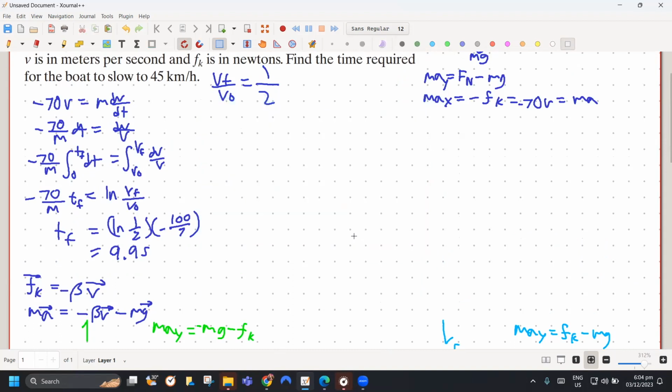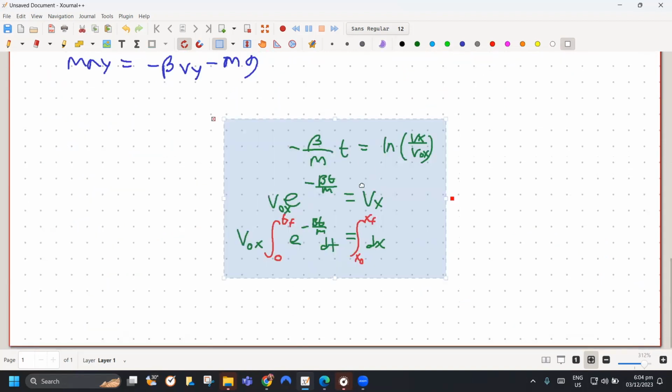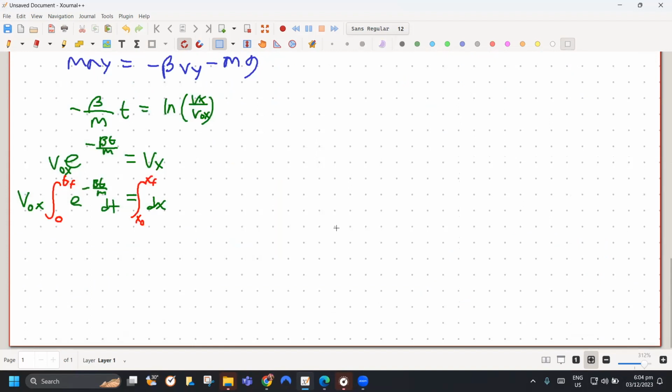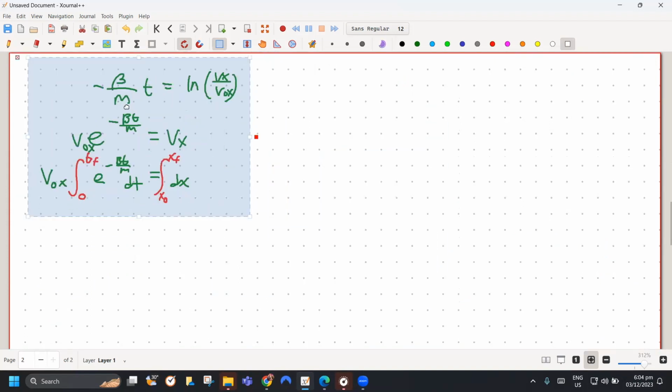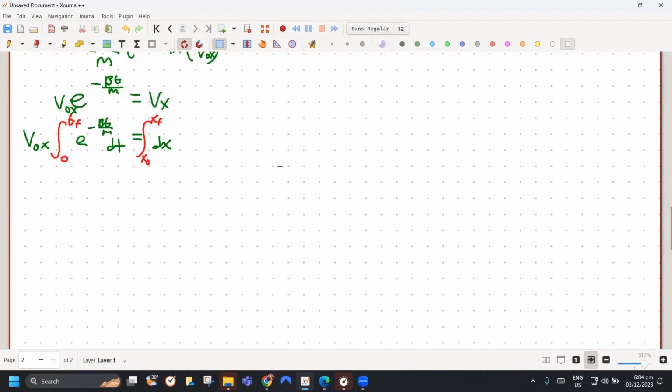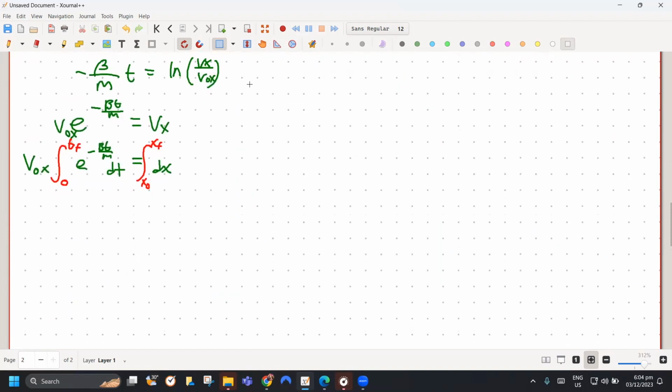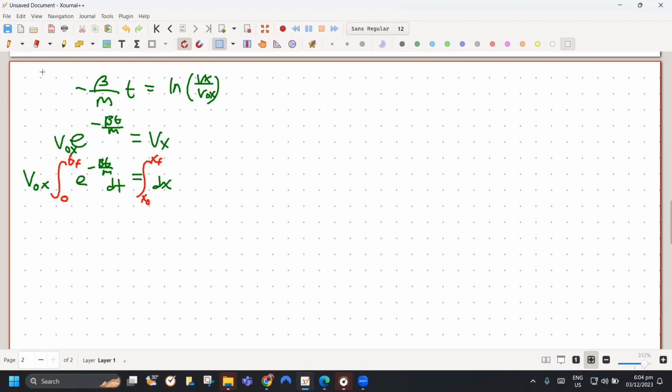Huwag kang mag-skip ng steps. Isulat mo yung mga bagay, wag kang basta-basta maglipat. Go to the next line. Write a new equation. Equals x, papunta f.